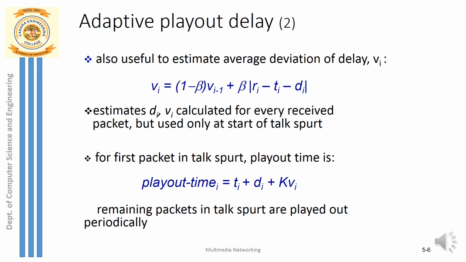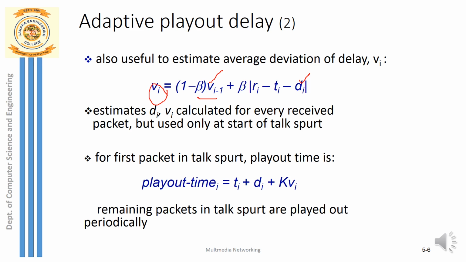As I already said, now we have to calculate the average deviation of the delay, and we denote that as Vi. It depends on the previously calculated variance, which we calculate using the formula 1 minus beta.